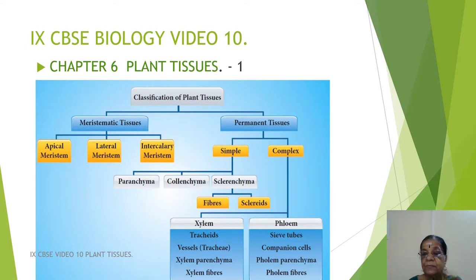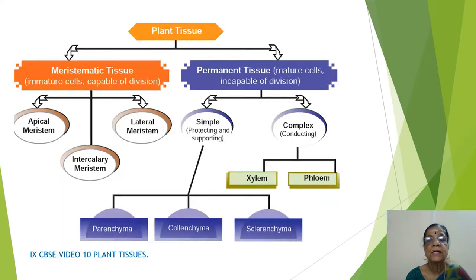Okay. 4 different xylem elements: tracheids, vessels or tracheae, xylem parenchyma and xylem fibers. Whereas phloem has sieve tube, companion cell, phloem parenchyma and phloem fibers. I hope you understand. So this is the outline classification of plant tissues.